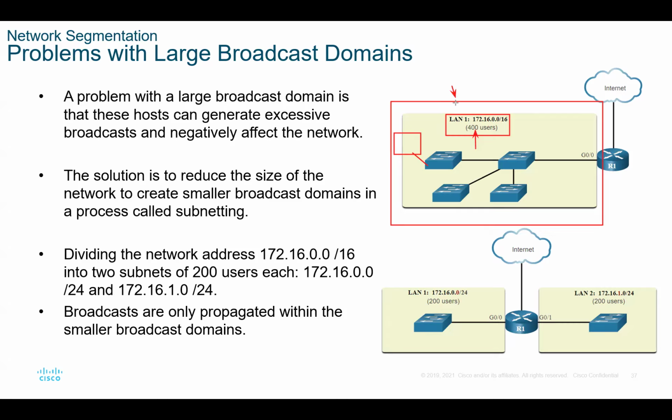So to make sure that the experience is better, you want to break a broadcast domain into smaller domains. You see in this case here, this same network is broken down into two domains, each with 200 users.